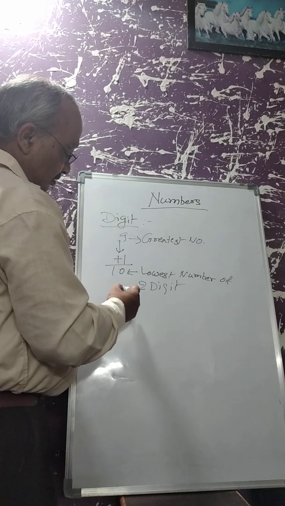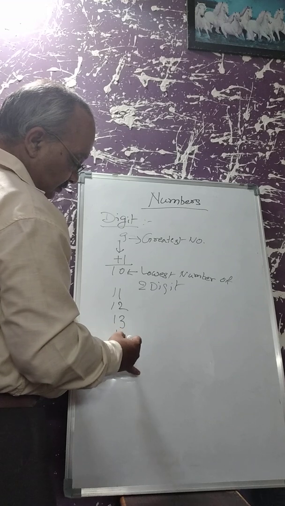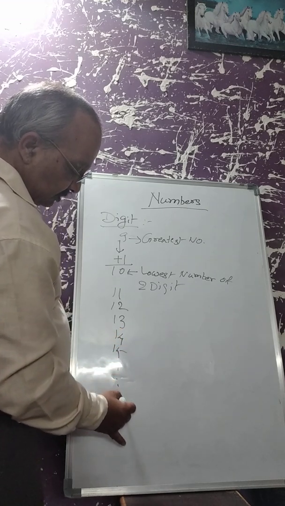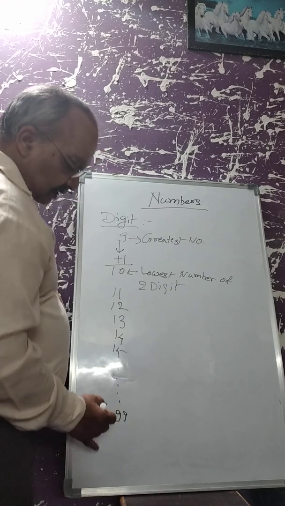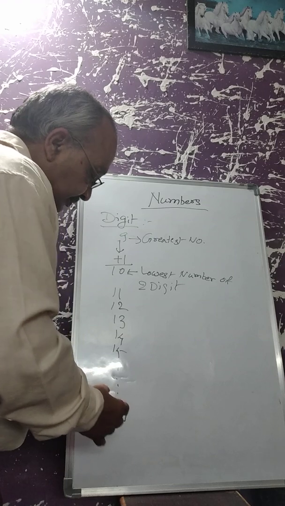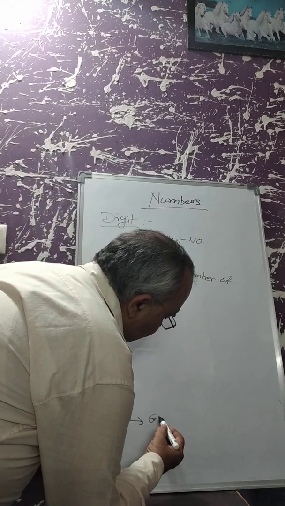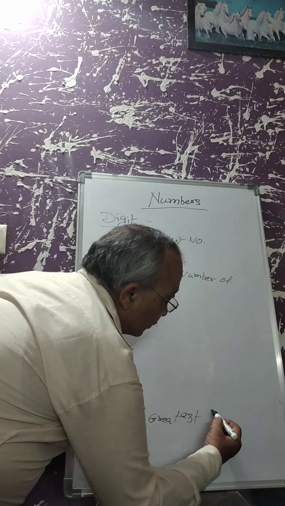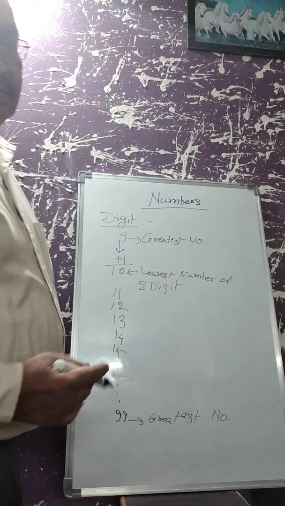Next numbers will be 11, 12, 13, 14, 15, and so on. And the last one will be 99. This is the greatest or highest number, isn't it?